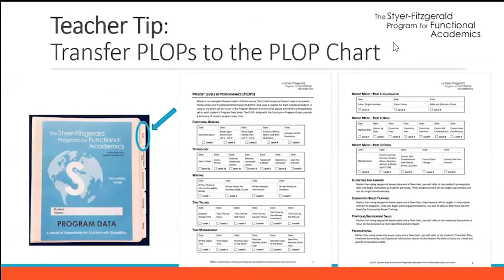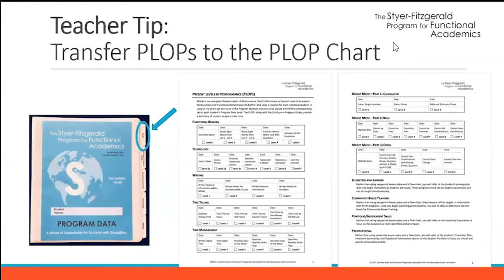So here's the teacher tip. Transfer PLOP's present levels of performance to the PLOP chart. The PLOP chart is in your curriculum book, and it is behind the section marked Implementation Tools.